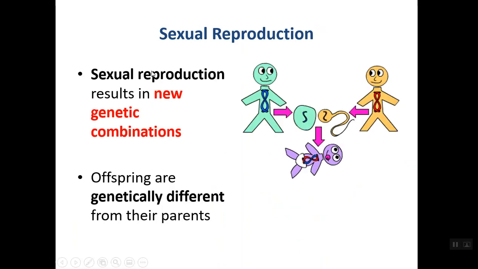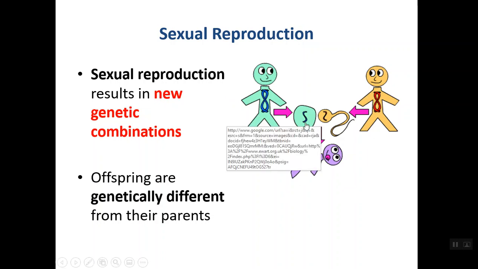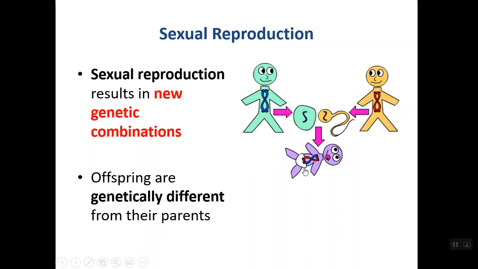So in sexual reproduction, there is a combination of genes, a combination of alleles that results from the fusion of different gametes that come from different parents.